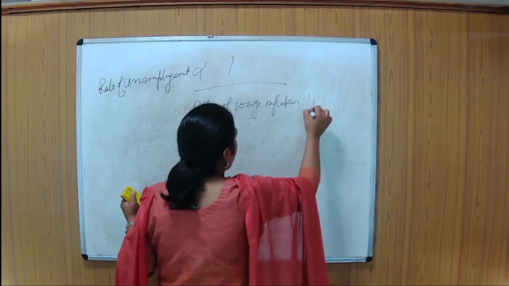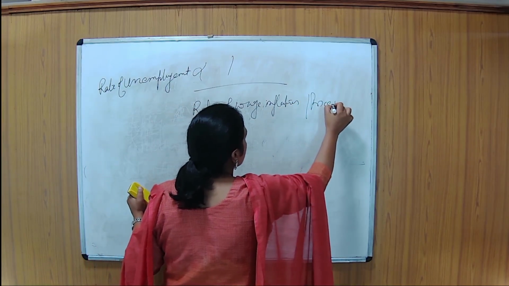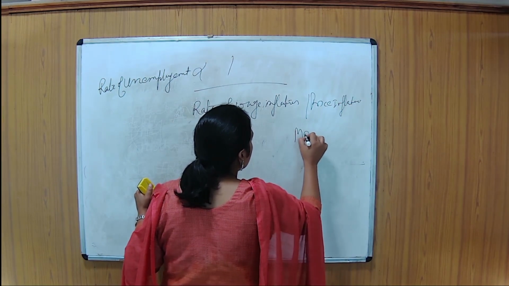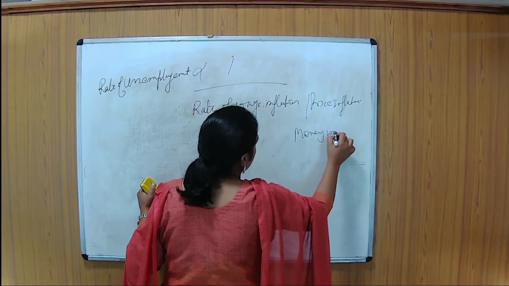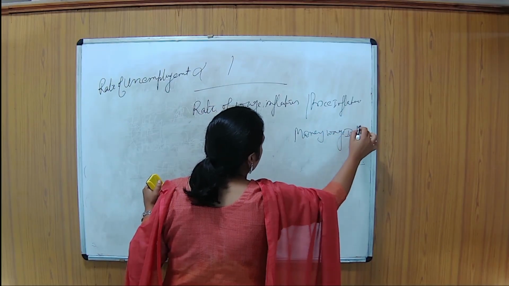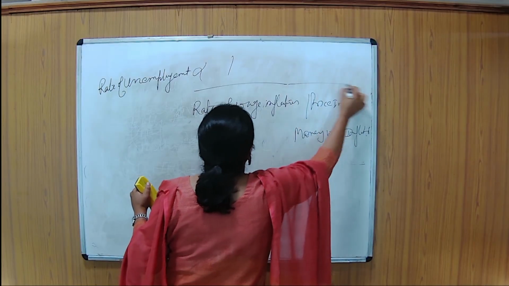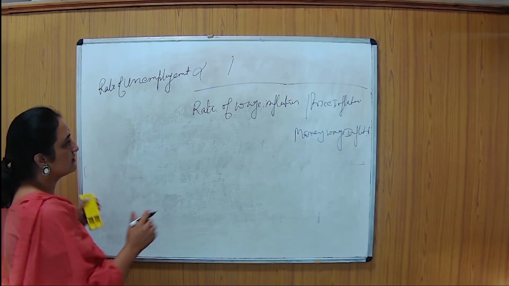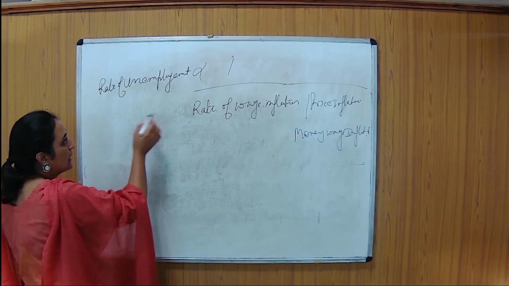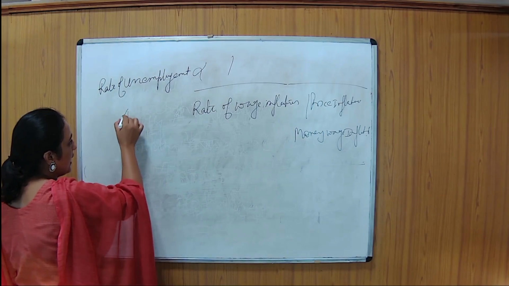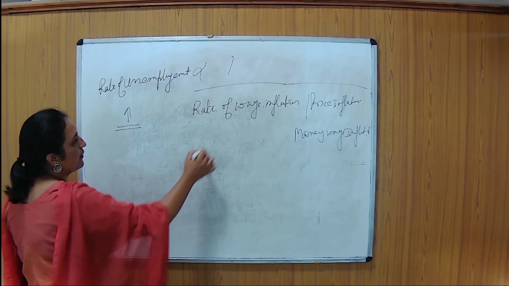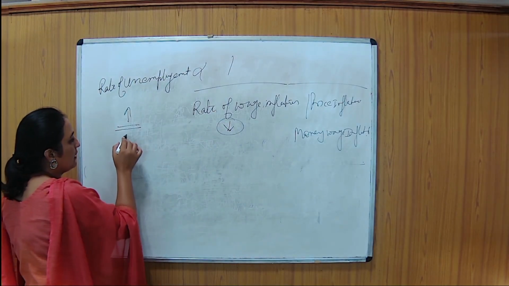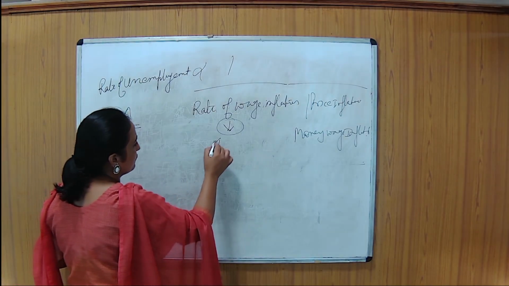You can say price inflation, and you can say money wage inflation. These are the same thing. So there is an inverse relationship between these. What do we mean by this? Inverse relationship means when unemployment increases, the rate of inflation will decrease. When unemployment decreases, the rate of inflation will increase.